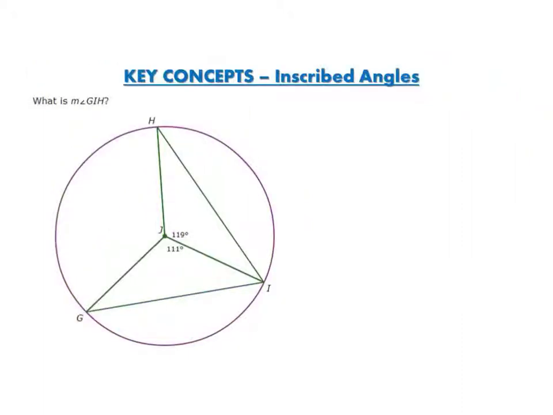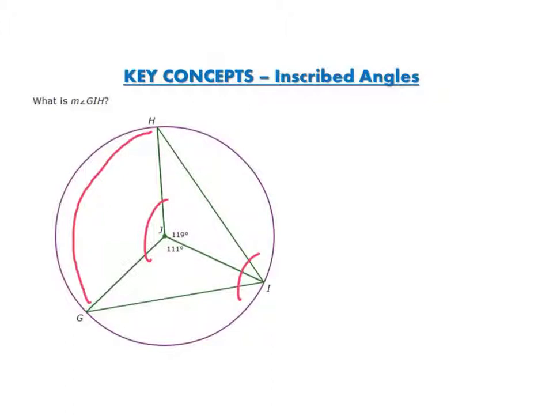The next kind of question that you're going to see is what is the measure of GIH? So they're asking us what is the measure of angle I? Well, it is going to be 1/2 of the central angle or 1/2 of the intercepted arc.